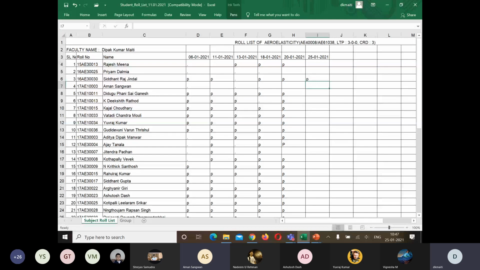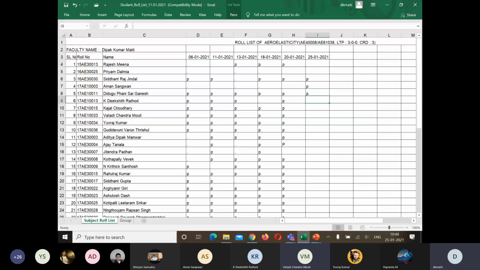Sai Ganesh, present, sir. Sai Ganesh, you are present on 11th, no? Yes, sir, I mentioned it in the chat box. I have taken it. Dikshit Rathod, present, sir. Kajal Chaudhary, present, sir. Chandramouli, present, sir.